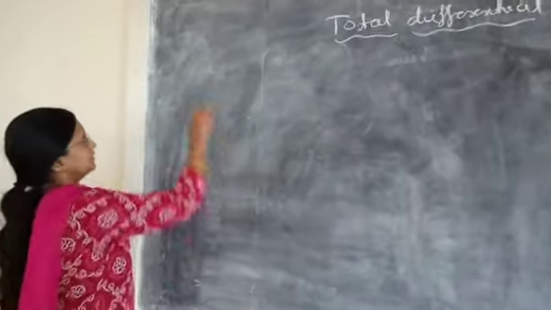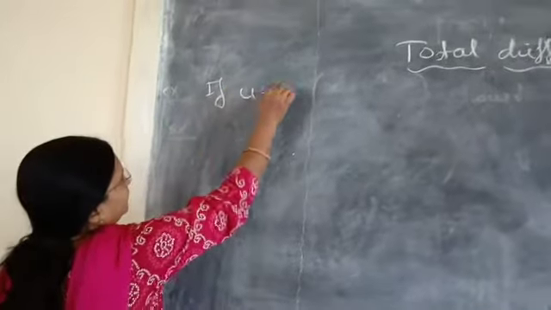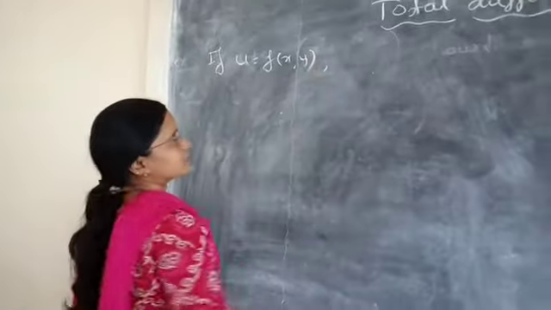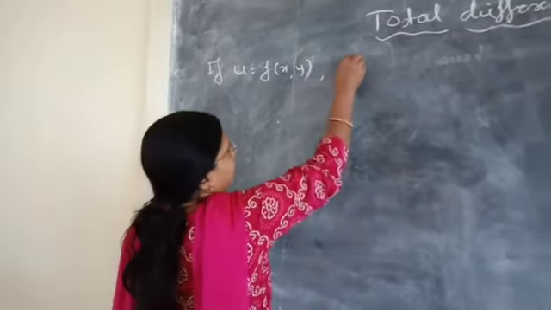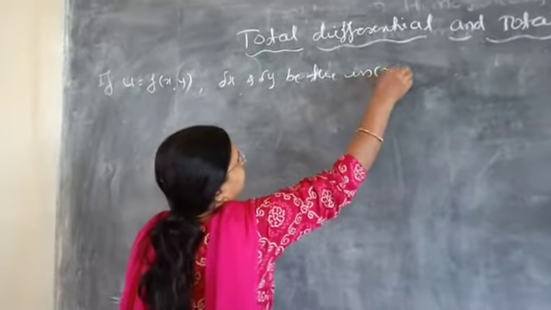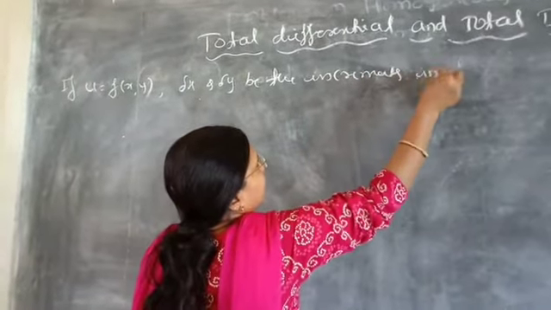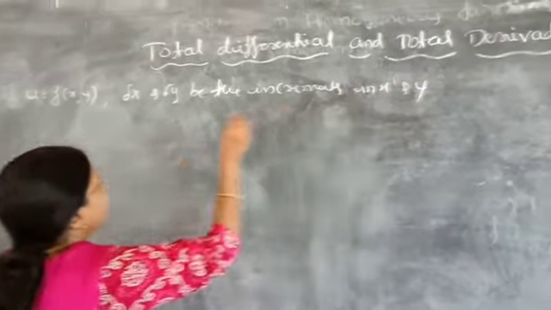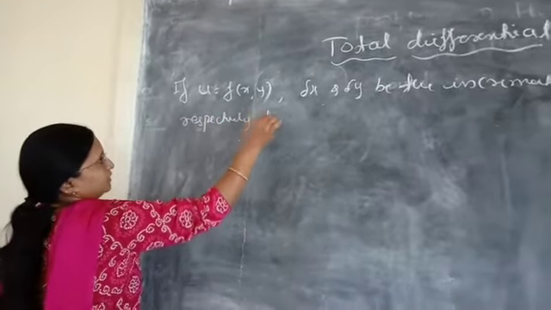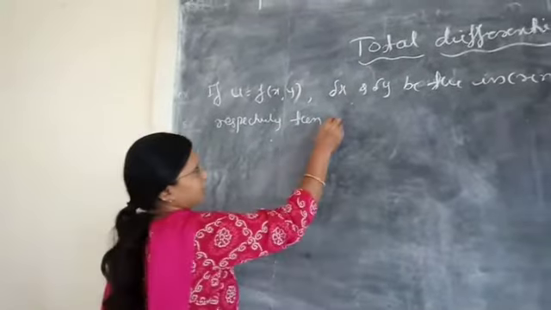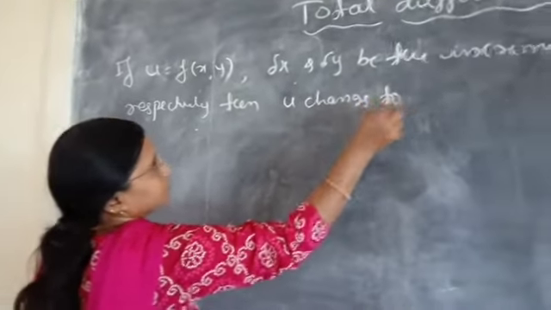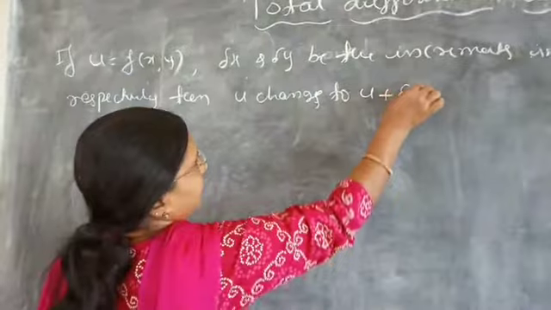So let us take here, if u is a function of x, y, and there is an increment in x and an increment in y. That is, if delta x and delta y be the increments in x and y respectively, then u changes to u plus delta u.